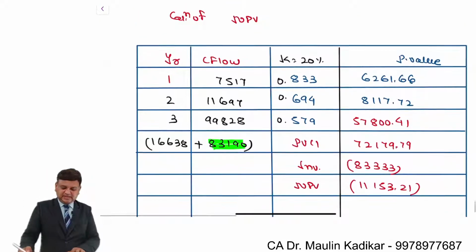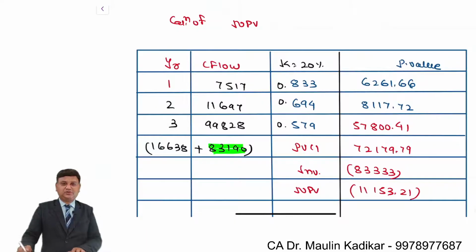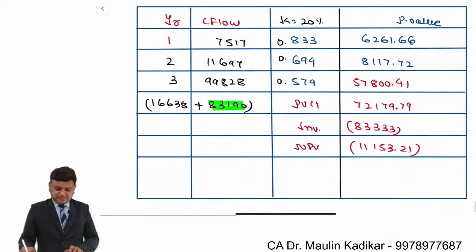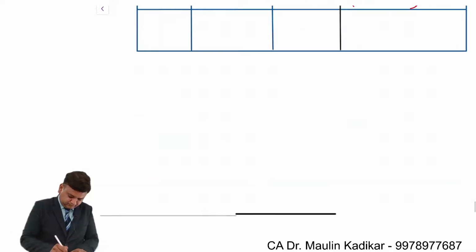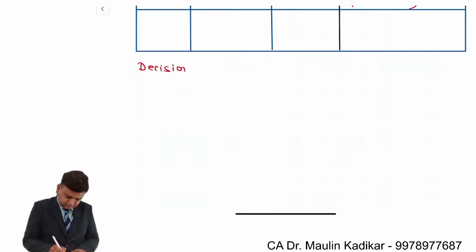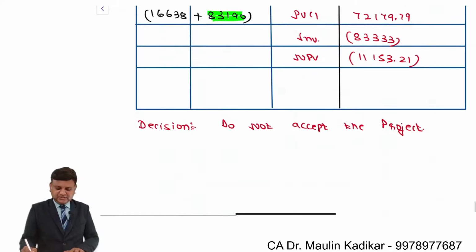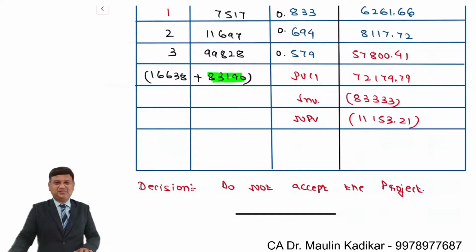So we understand that as NPV is negative, the project should not be accepted. So please write down answer. Do not accept the project. This is the way we are required to take the decision.